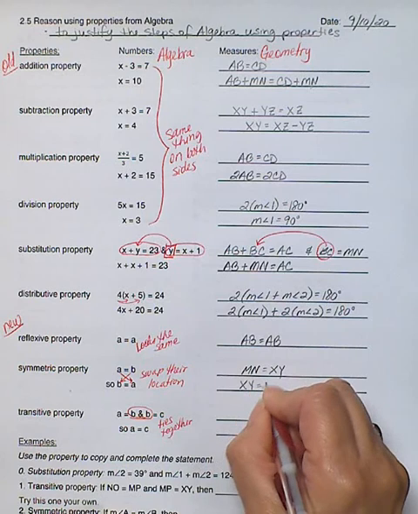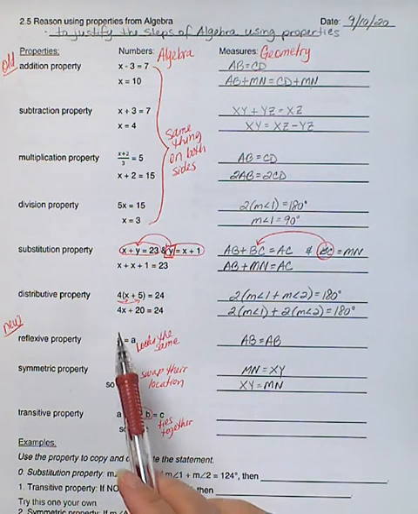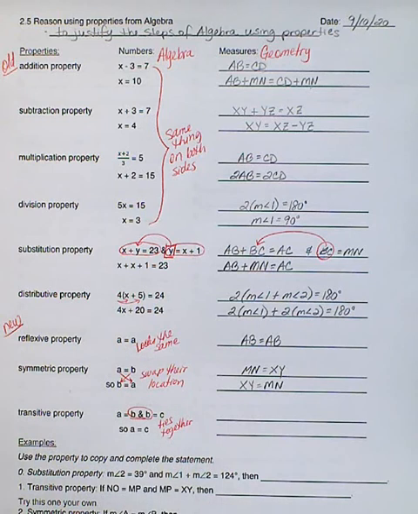The length of XY equals the length of MN. This one's really good for when we get to formal proofs. If you prove one way and they really want you to prove another way, luckily this will just flip it around. This property is also really good when you're doing algebra and you're like, I've got to have my x on the left and it comes up on the right. You can flip them and then use that property.